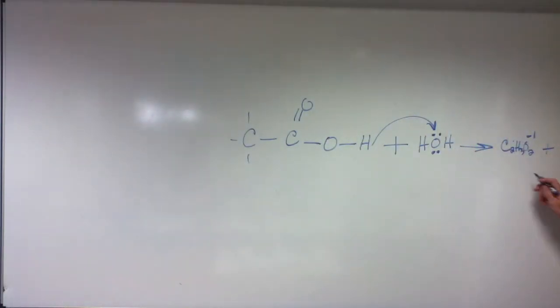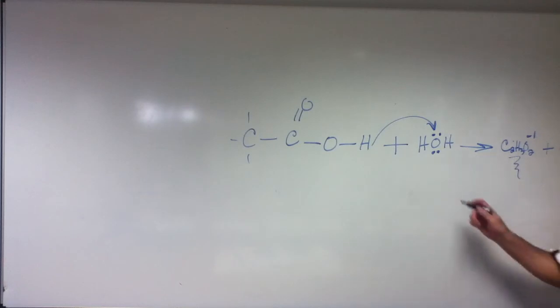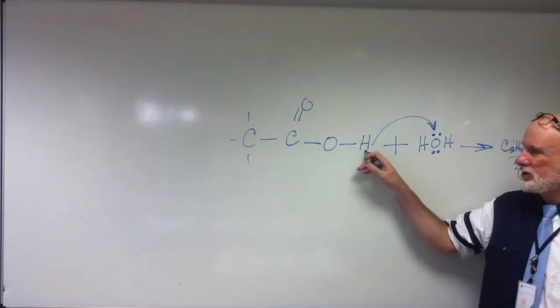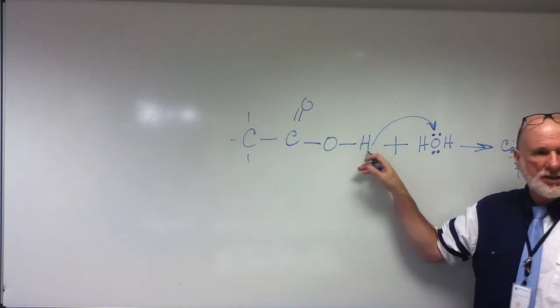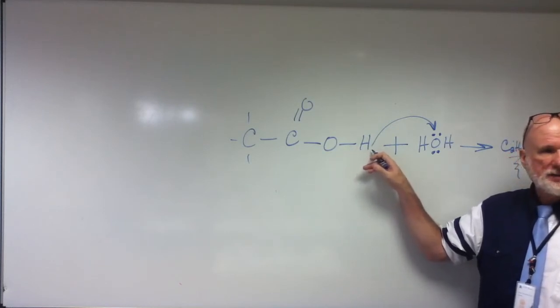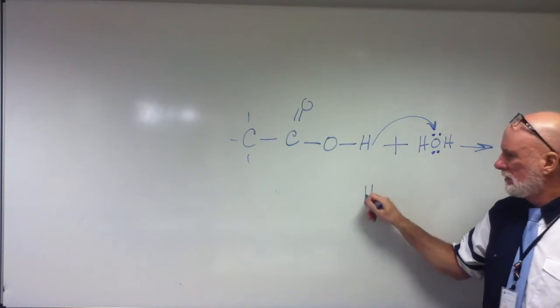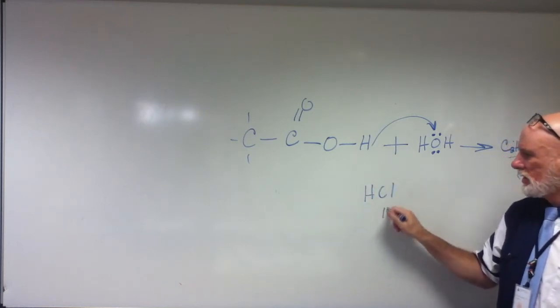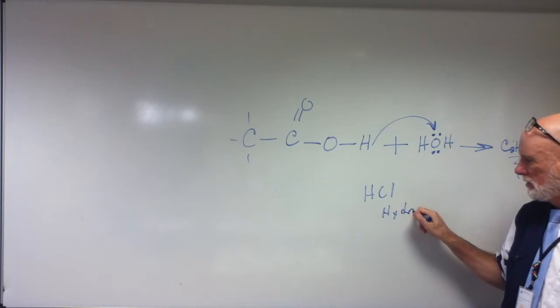So what you're doing is you have that in solution, right? But it doesn't dissociate much. Do you see how that is not going to dissociate very much? Here, this is called hydrogen chloride.